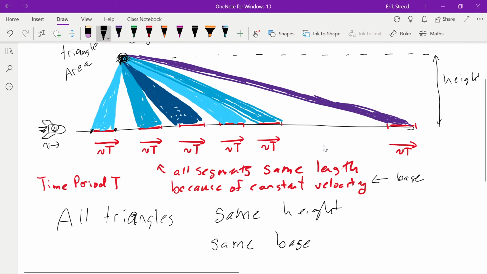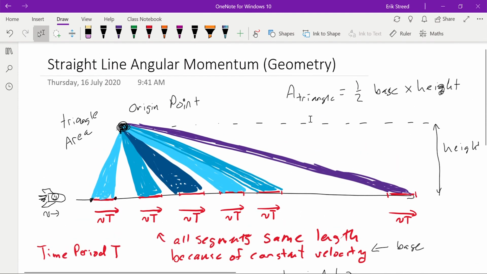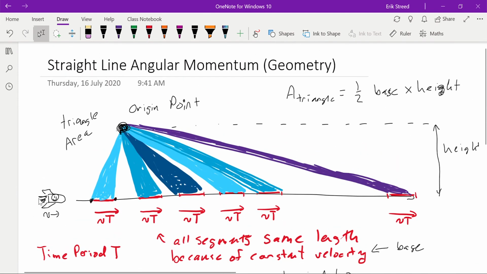Since they have the same height and the same base, they have the same area. This is how we get that for an object in constant velocity with respect to a fixed point, it's got a constant angular momentum by virtue of this relationship with how triangles work. So it's sweeping out the same area.